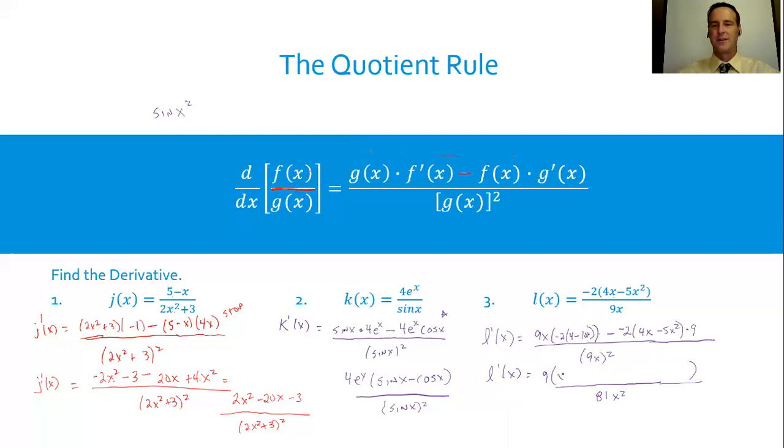There's an x right here. And you can multiply that -2 through. So -8 plus 20x. And then this becomes an add 2. So 2 times 4 is 8x.